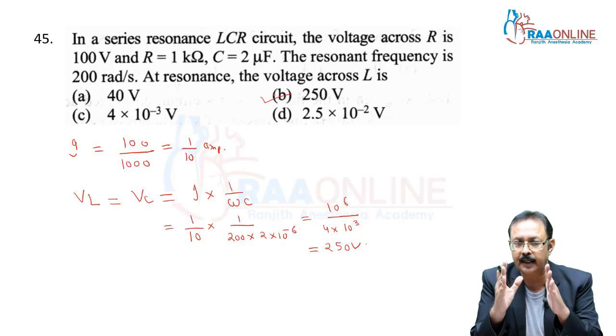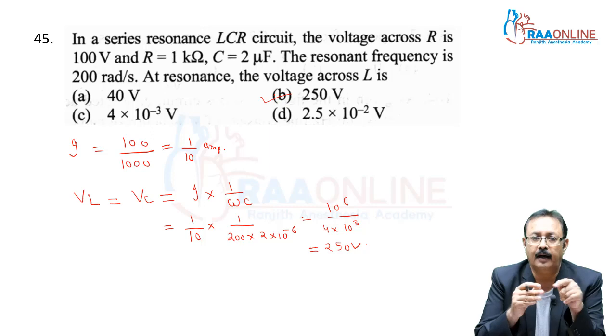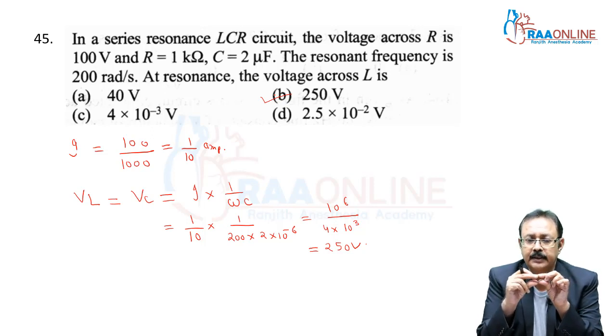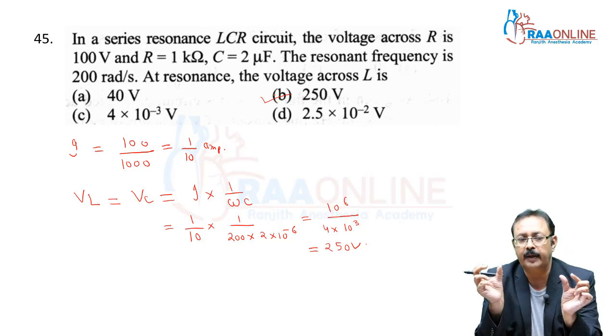It was an LCR circuit. In an LCR circuit, the whole voltage is with R. From R we got I, because VL and VC are in opposite direction and they are cancelling each other. What VL is in plus, that VC is in minus.